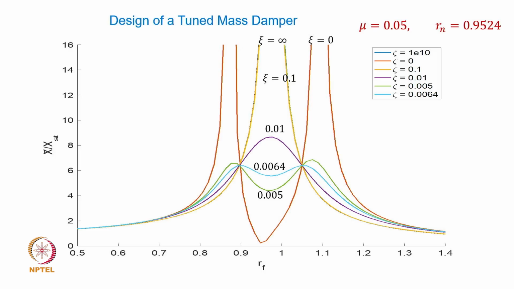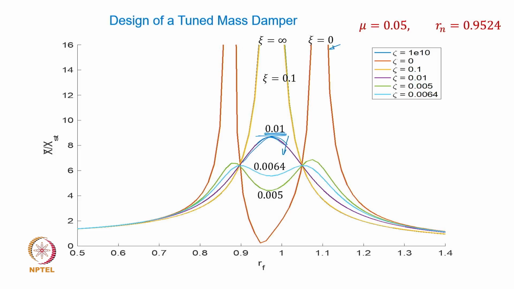So the expected or desired response could be this. If you really look at how a larger damping is going to give me, a larger damping is going to increase the amplitude to this level, and as I keep on reducing the damping ratio, the extreme, as I said, is zeta equal to 0.